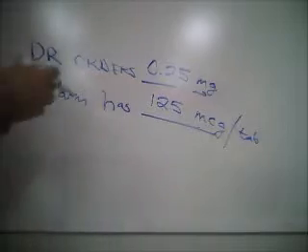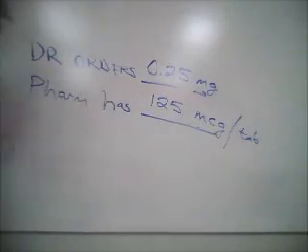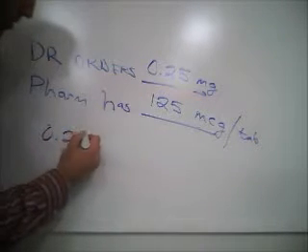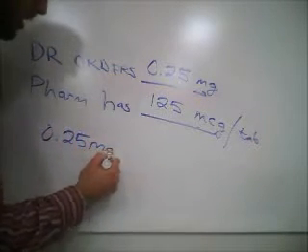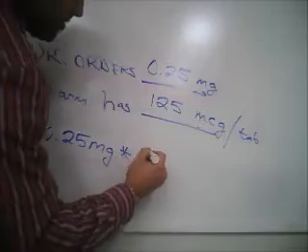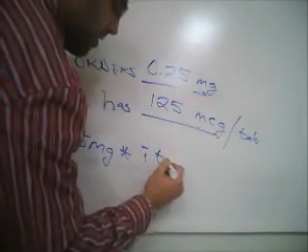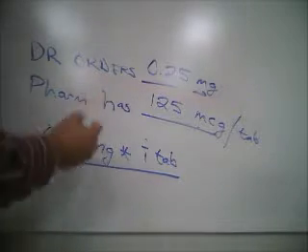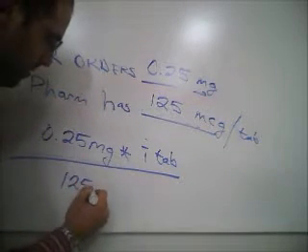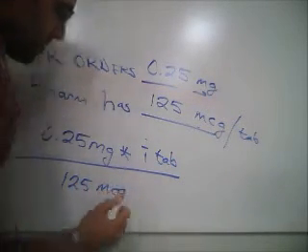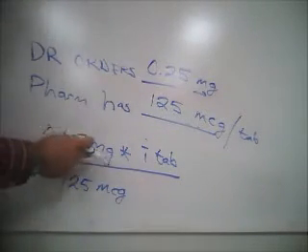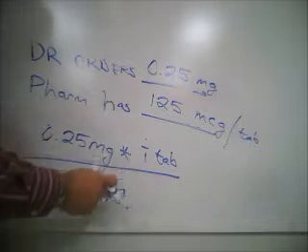What you're going to find here is we still plug the numbers in first: 0.25 milligrams times our 1 tablet over our 125 micrograms. Now the tricky part about this is you can't divide milligrams into micrograms.